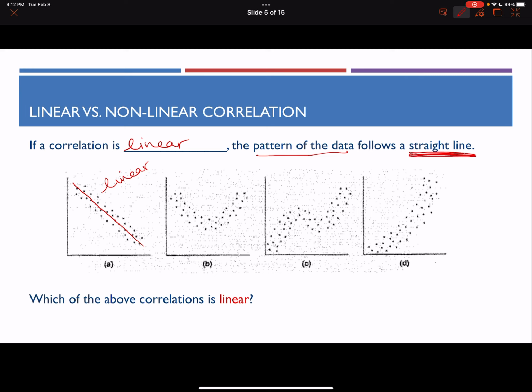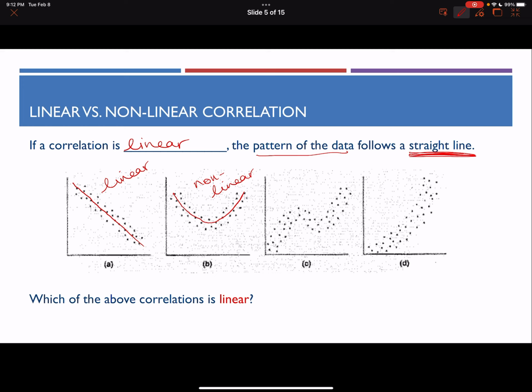If I look at B, again, draw a line through the center of the points. Where does the pattern go? The points go in a U-shaped pattern, and that is not a straight line, so we're going to call that nonlinear.